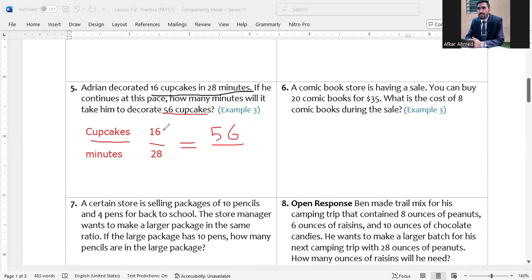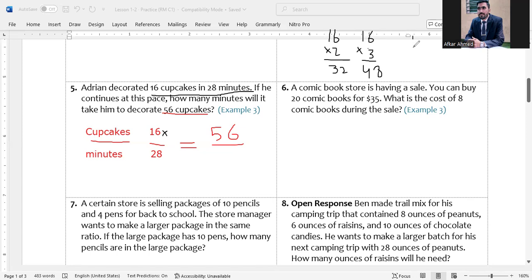What number should I multiply by 16 to give me 56? If I multiply 16 by 2, it gives us 32, which is not possible because I need 56. Again, 16 times 3 will give me 48. Not possible.